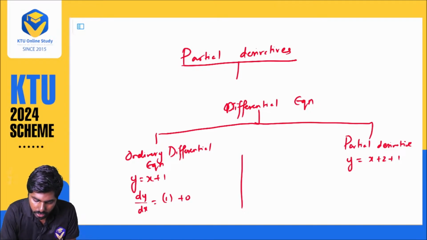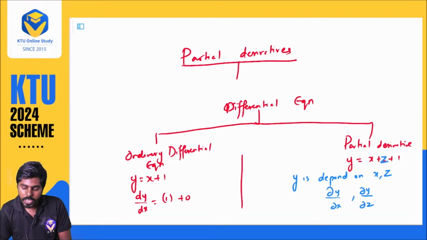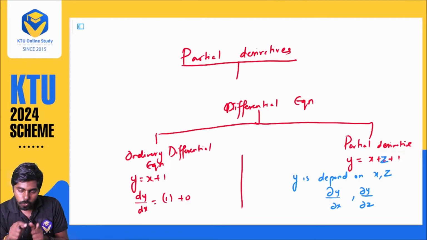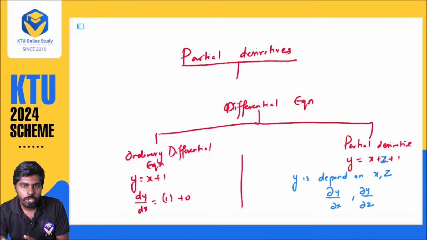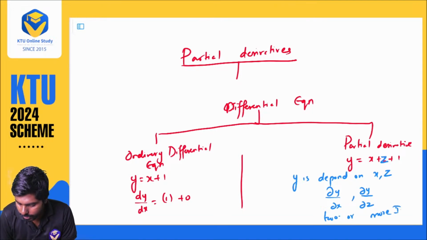Similarly here, y is depending on x comma z. That means dou y by dou x, dou y by dou z. That means the partial derivative is used when the dependent variable y depends upon two or more independent variables.